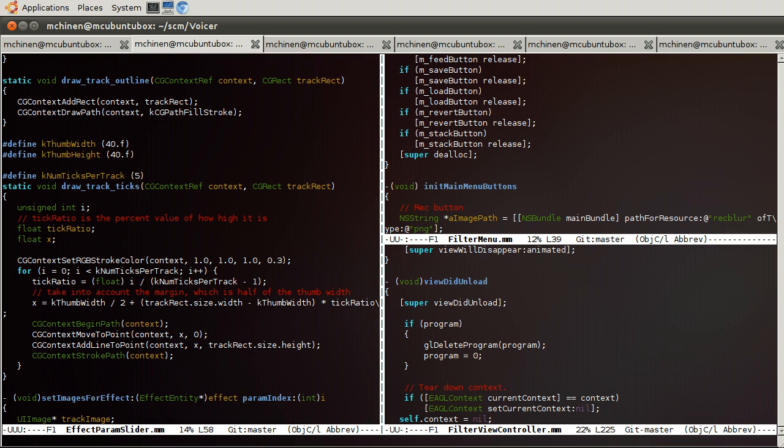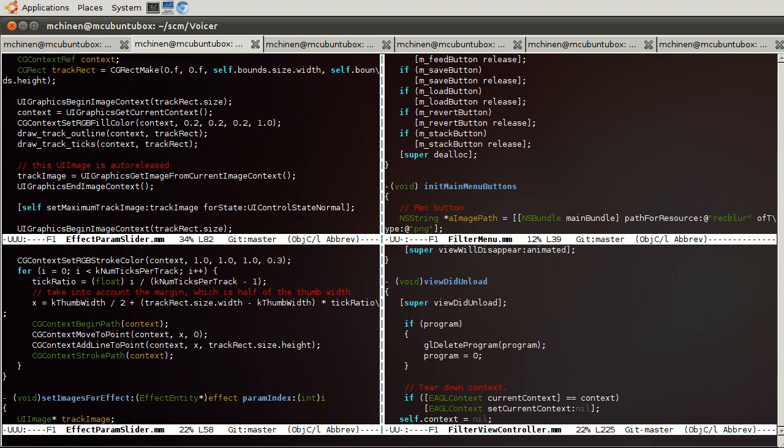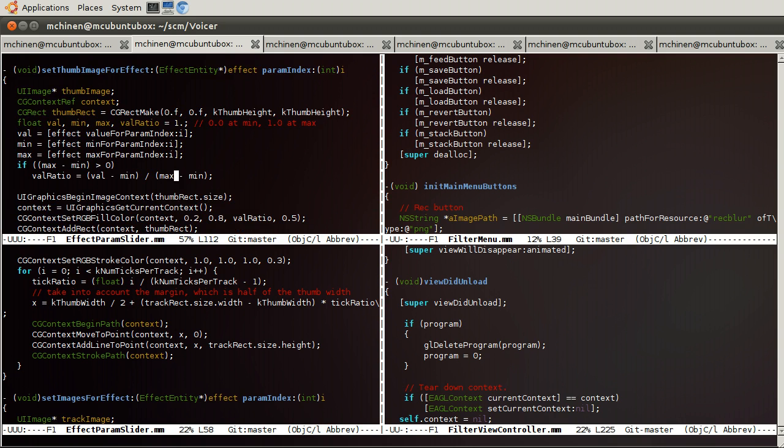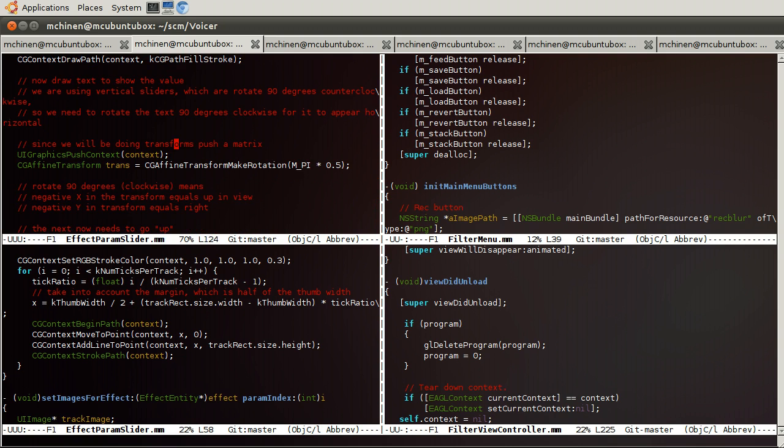Let's split this up in 2 windows because we already did this when we did the thumb. When we drew the thumb, we had this big discussion about drawing text, and we rotate in the correct direction.